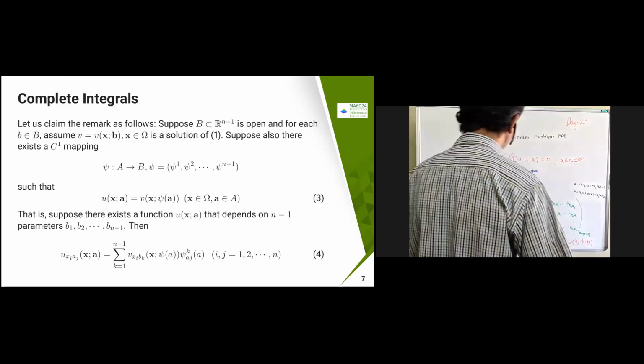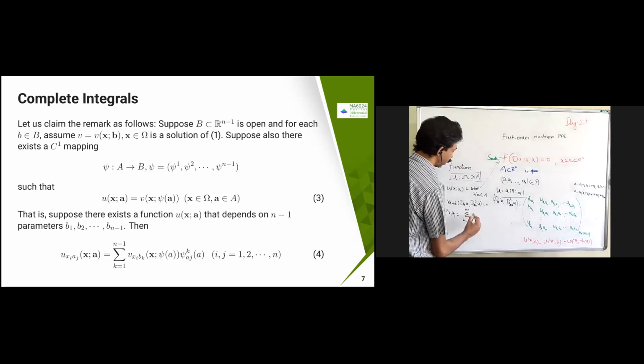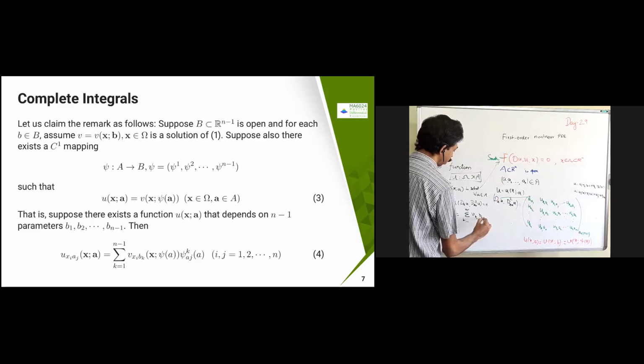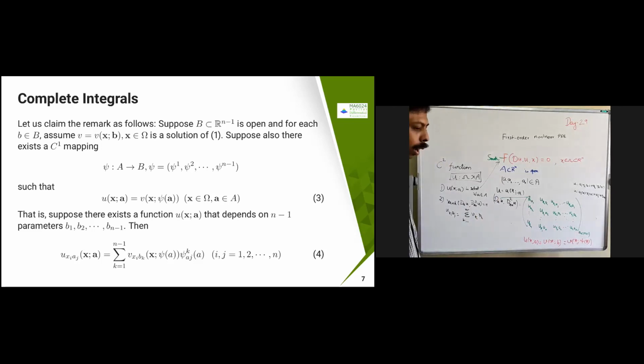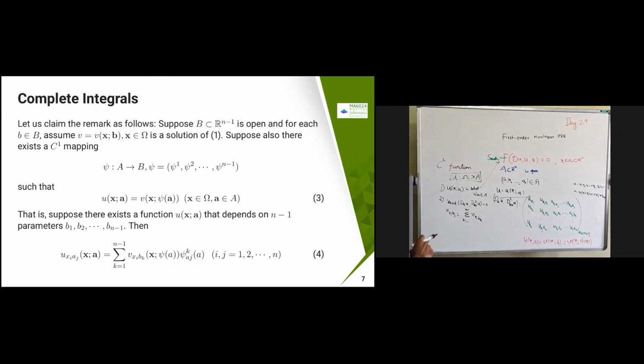So I get v xi, and I differentiate with respect to bk, so v xi bk. I differentiate with respect to xi, no problem.